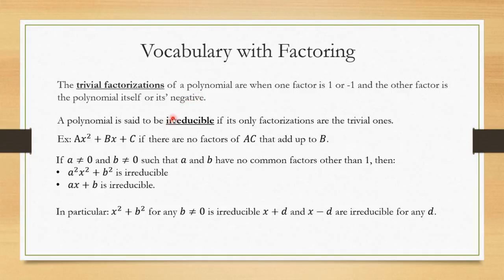Okay, that's good. Now, it can happen that the only possible factorizations are the trivial ones. If that's the case, we say the polynomial is irreducible. So a polynomial is irreducible if the only factorizations it has are the trivial ones.